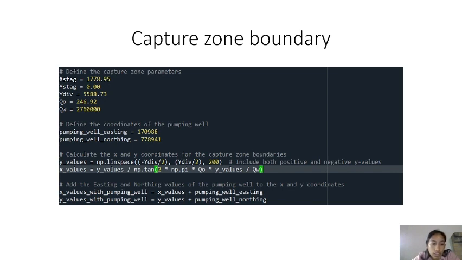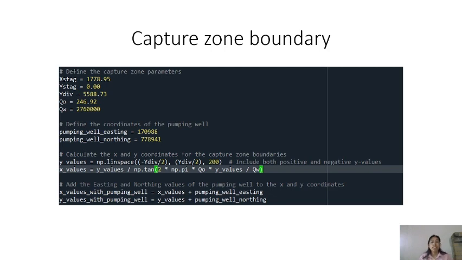We also take the pumping well easting and northing. For calculating the x and y coordinates, we take the y coordinates from minus y division by 2 to plus y division by 2, and we take 200 values. After that, using the formula, we obtain the x values.